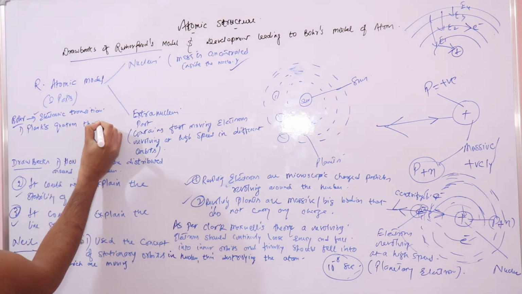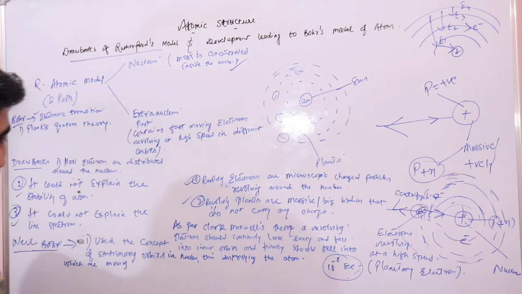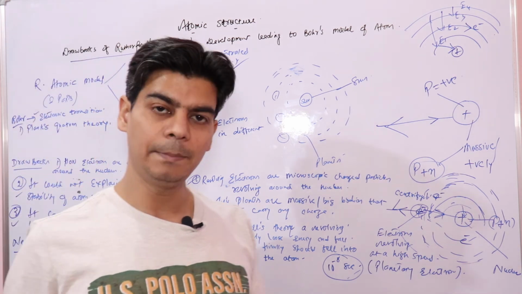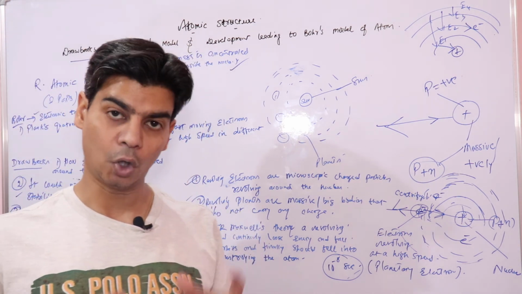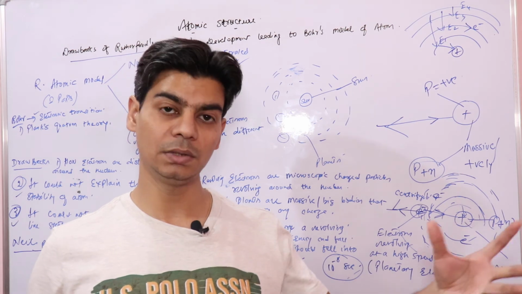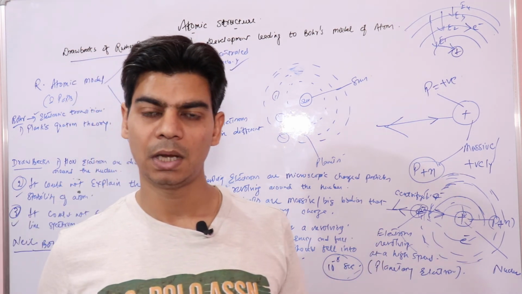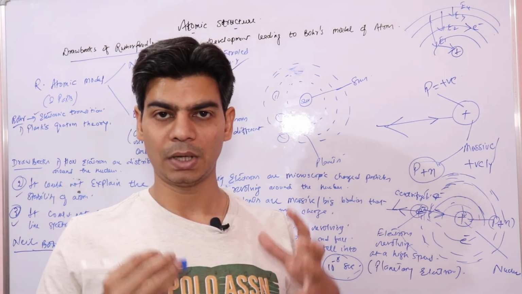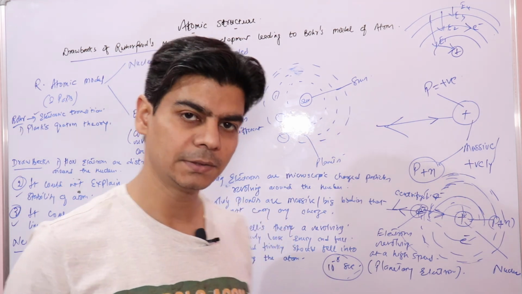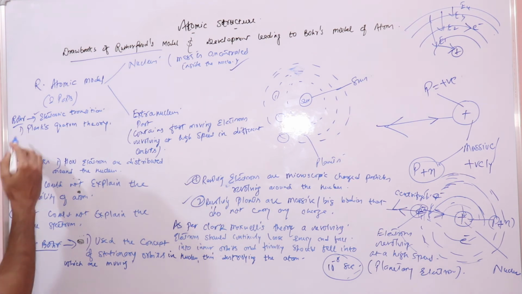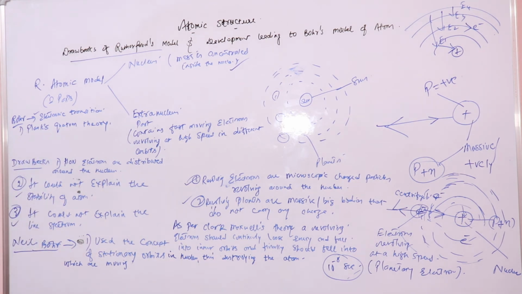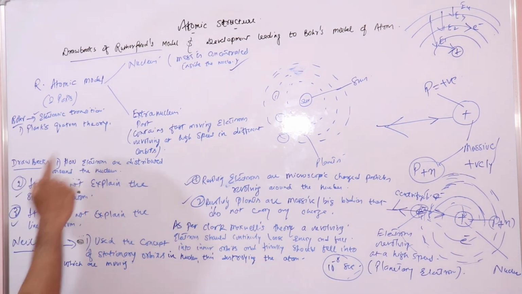As per Planck's quantum theory, the energy is emitted not continuously in the form of waves, but discontinuously in the form of packets, and those packets of energy are known as quantum, right? So this is important. Bohr used Planck's quantum theory in his model of atom.